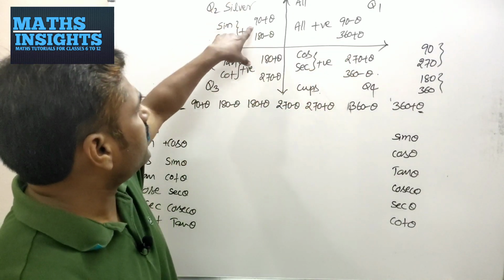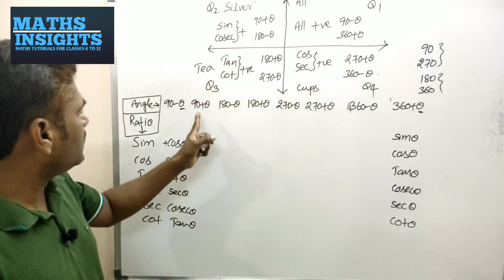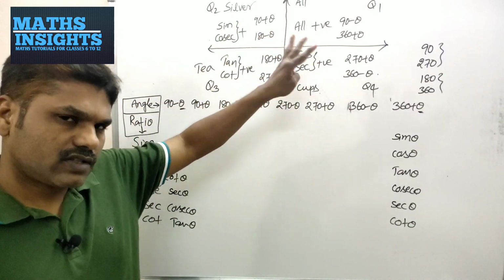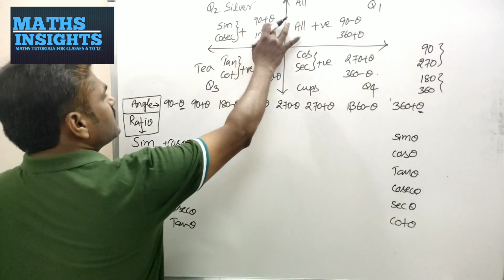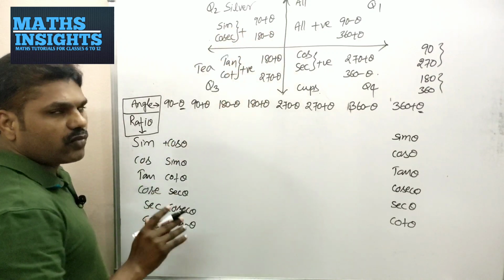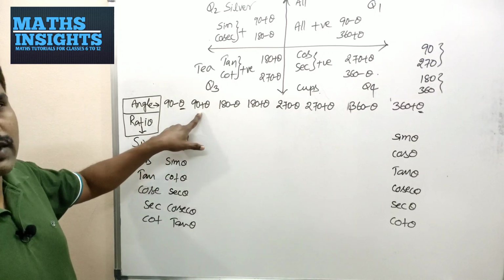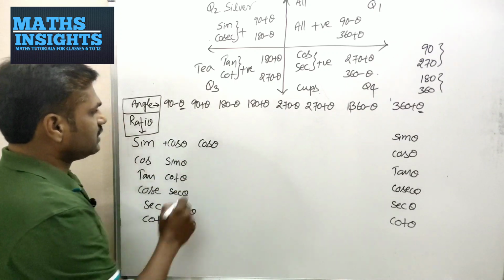Coming to the second quadrant, 90 plus theta is there. Wherever 90 plus theta is there, you have to change sine to cos, cos to sine, and the remaining also. In 90 plus theta, sine and cosecant are positive. So if you are measuring sine of 90 plus theta, for 90 it will become cos, that is cos theta.